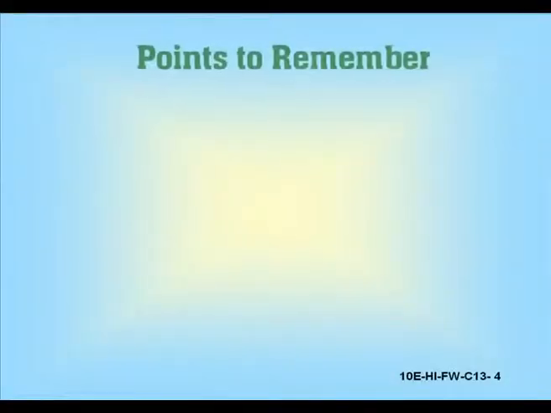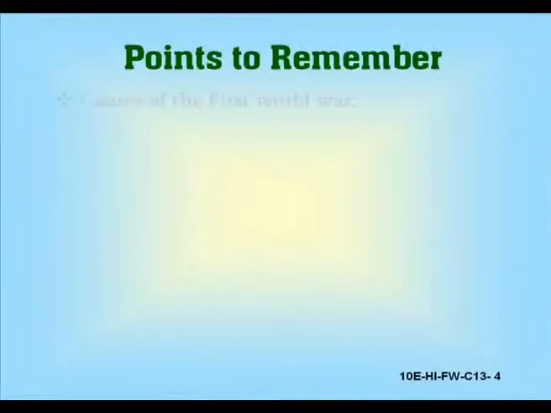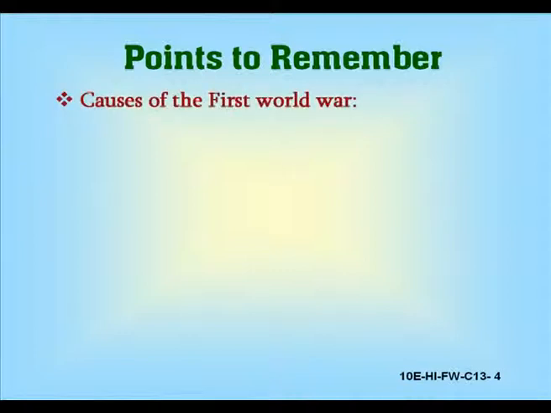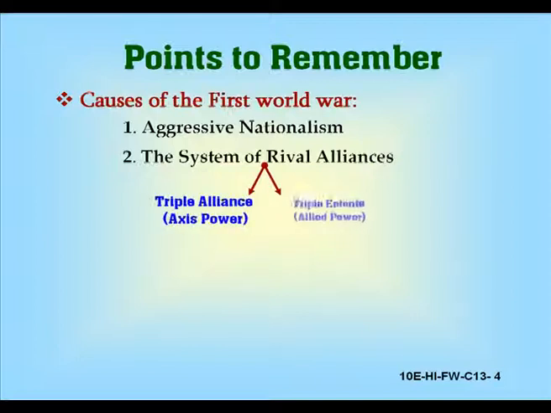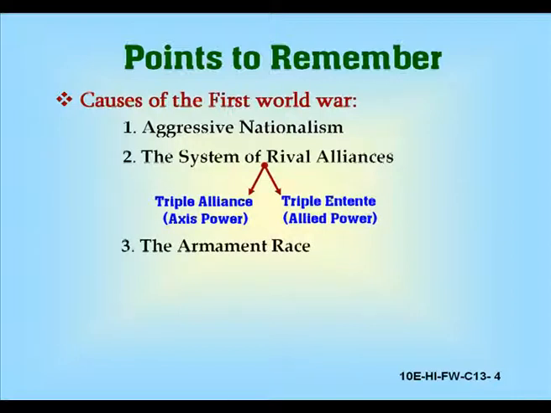Points to remember. Causes of the First World War: 1. Aggressive nationalism. 2. The system of rival alliances, that is, Triple Alliance, Axis power, and Triple Entente, Allied power. 3. The armament race.